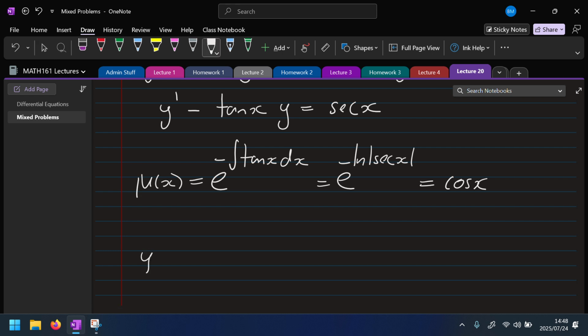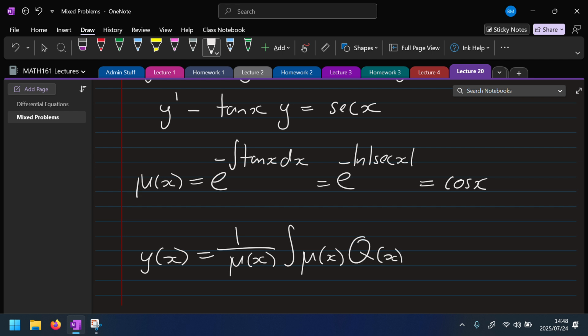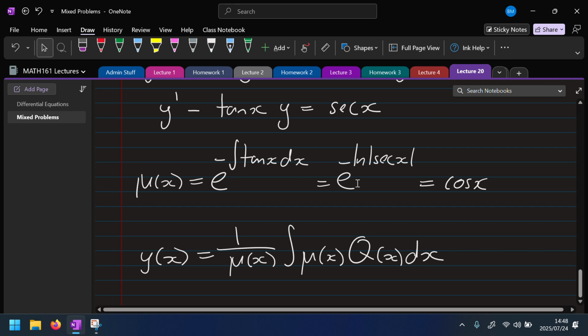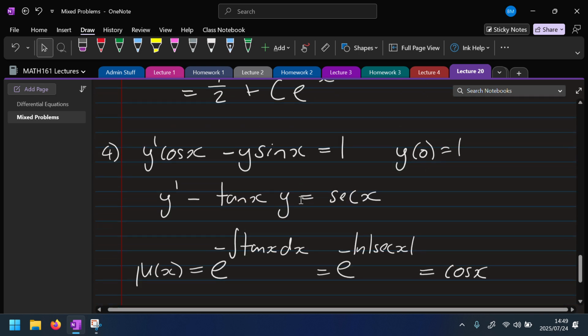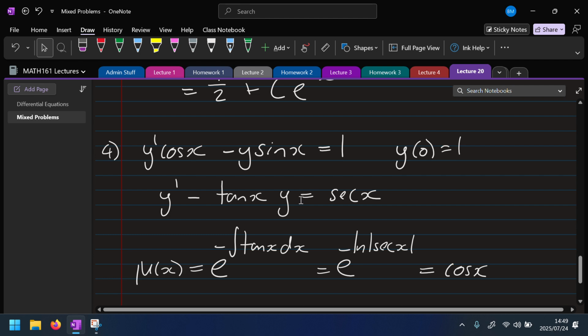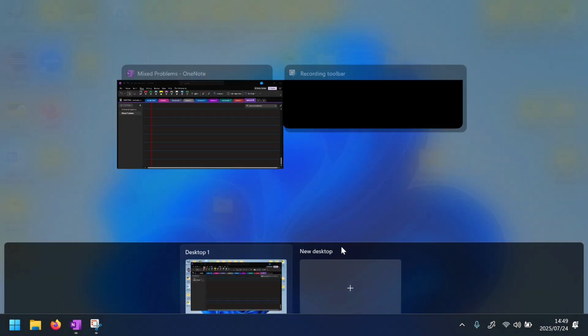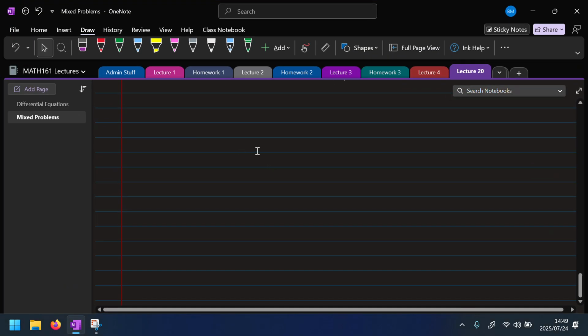Okay, so we can now write out the solution. This will be 1 over the integrating factor, times the integral of the integrating factor times q. Again, the formula is not given. You need to remember that. So this will be 1 over cos, integral of cos times, and what did we have for q? Q was sec.